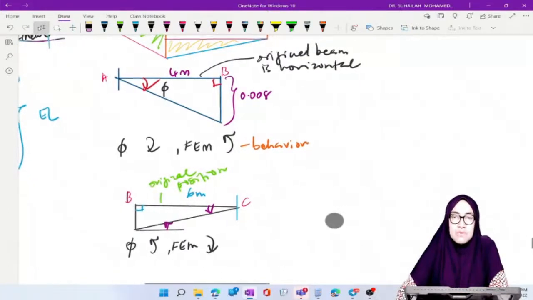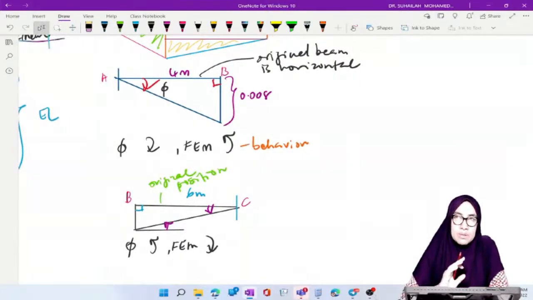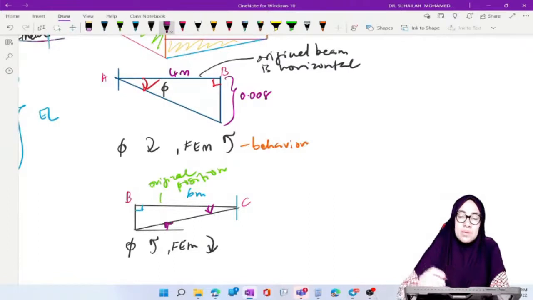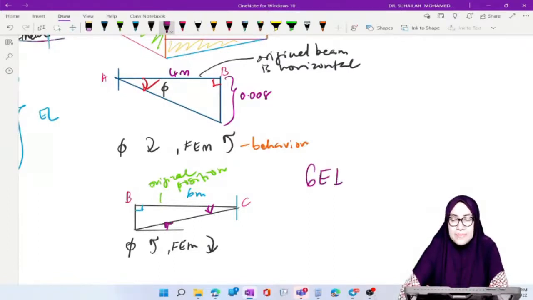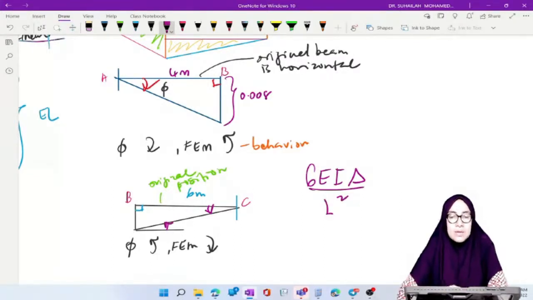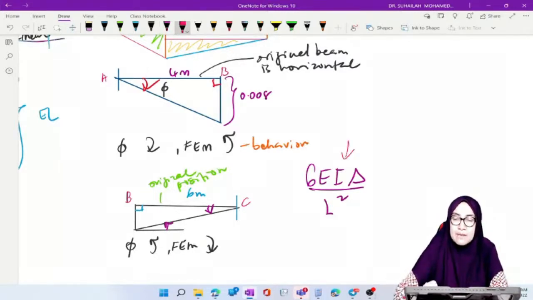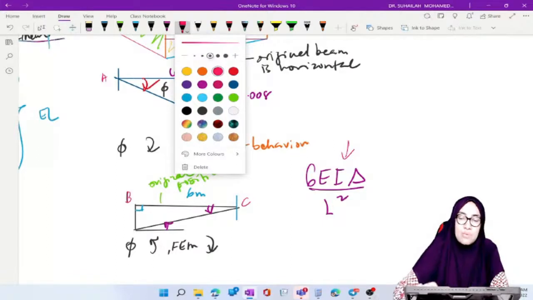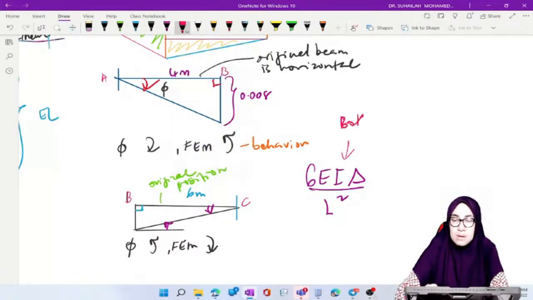So what is the formula that we are going to use? For support settlement, or delta, the formula is very simple. It is 6 EI delta over L squared. It is quite straightforward, and this is for both ends fixed.